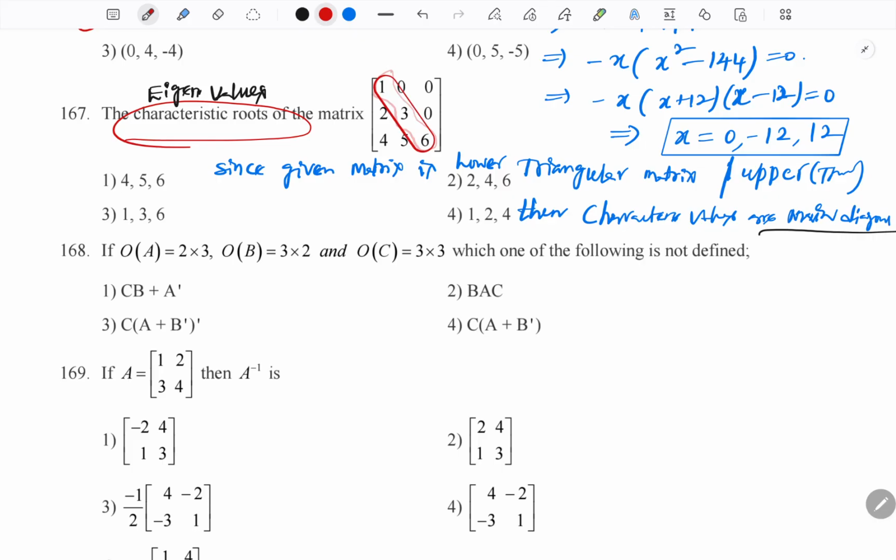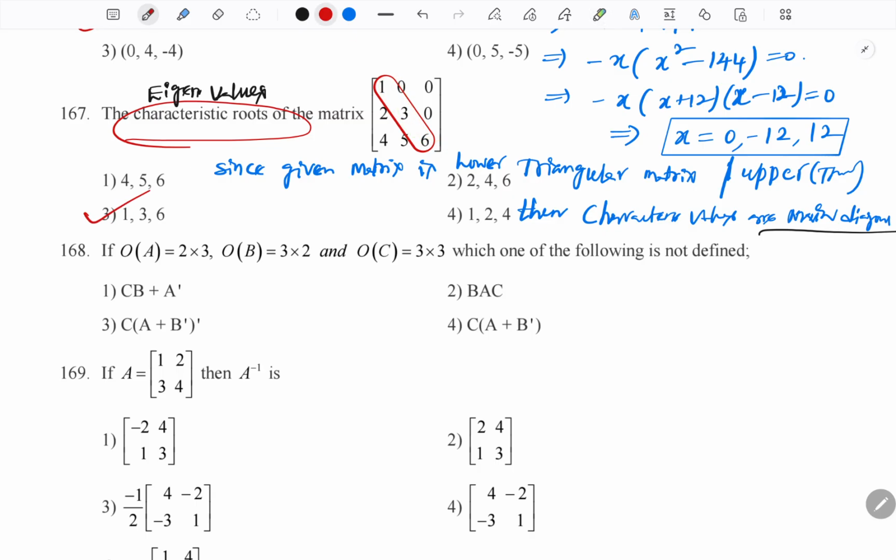Yeah. So now these are the characteristic values. So where 1, 3, 6 are there, students, your matrix may be lower, may be upper, or both. Then your characteristic roots equal the main principal diagonal. So my correct option is option 3.